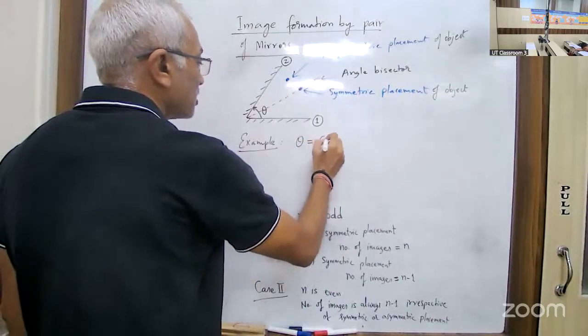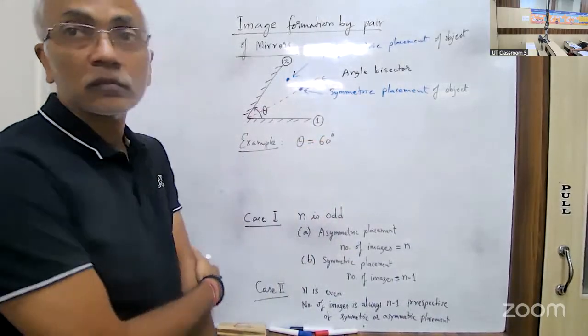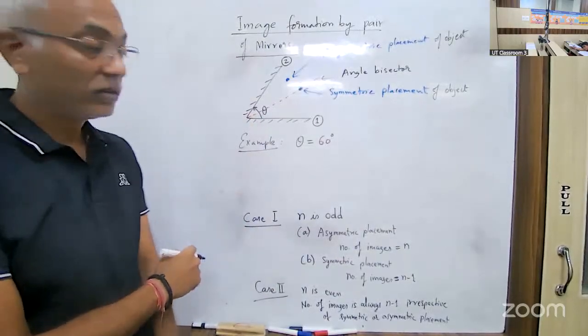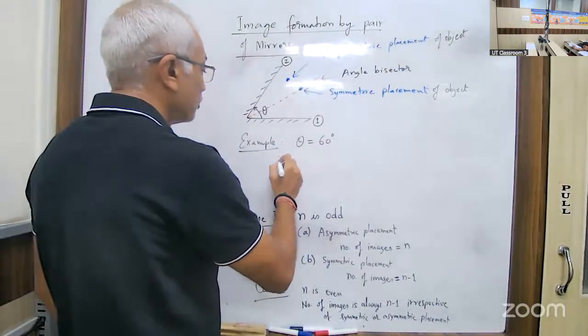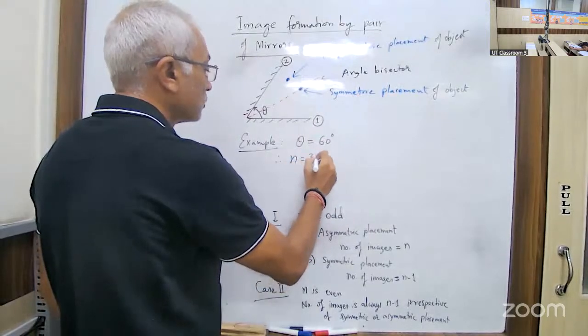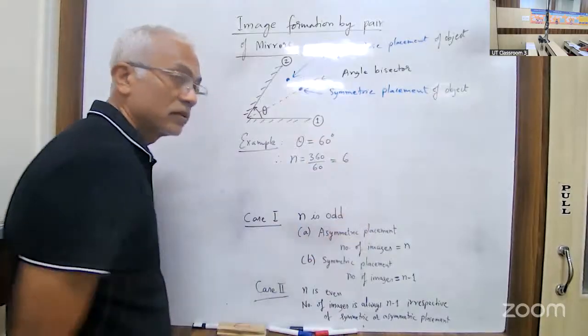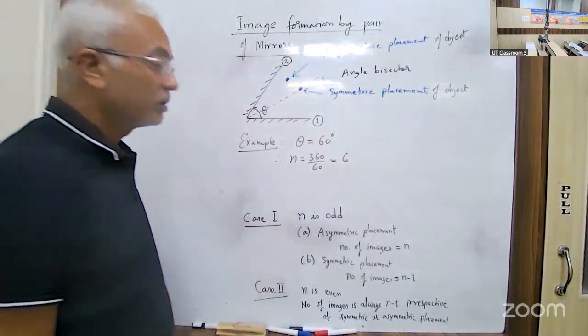Theta equal to 60 degree. Let's say the angle between these two mirrors is 60 degree. तो देखो n कितना आ गया? 6. मतलब even, that is even.